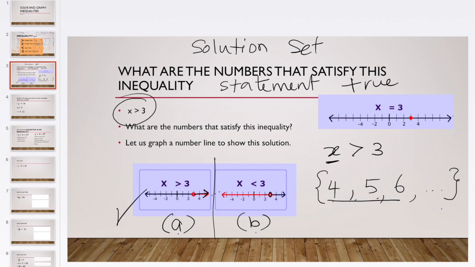But for my question, it's x greater than 3, which is A. Okay, and when I'm showing my number line, especially if it's x is less than 3 or x is greater than 3, I have to make sure that the 3, let's say this is 0, the 3 has an open circle on it. It should not be colored. Okay, it should not be colored. It should be an open circle, as you can see in this figure. Let me show it clearly. It's an open circle here.